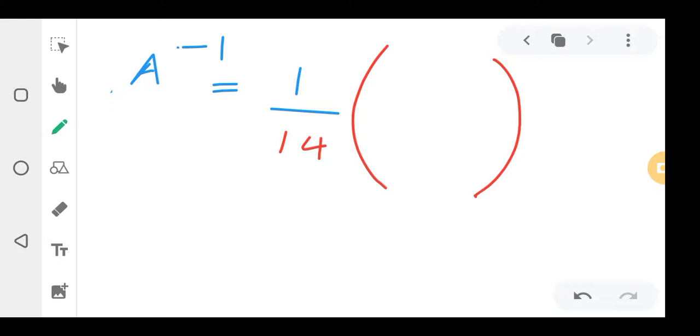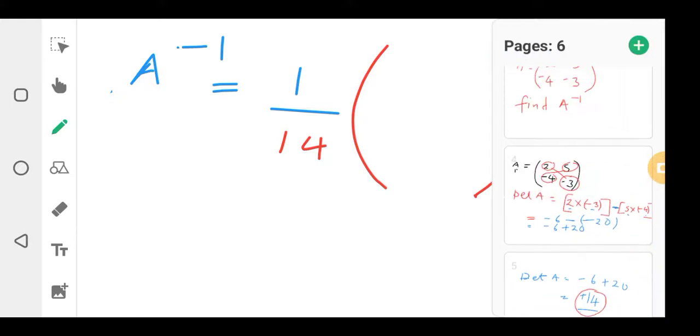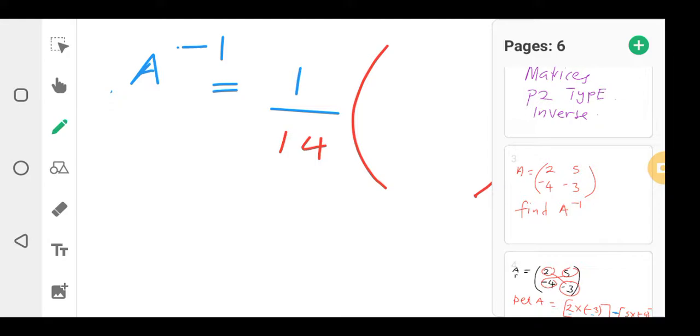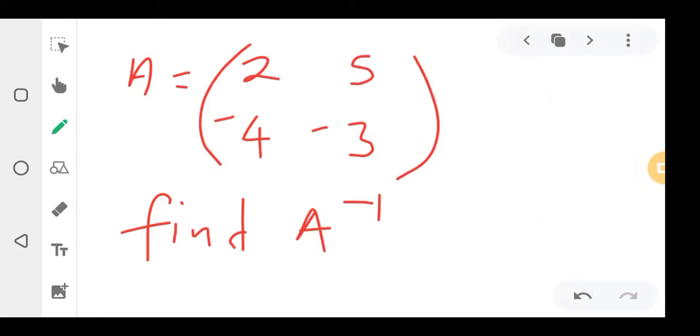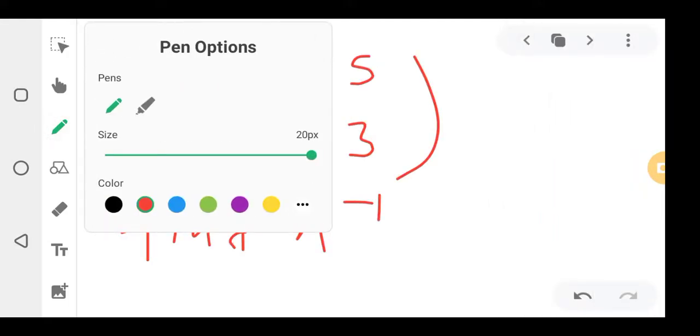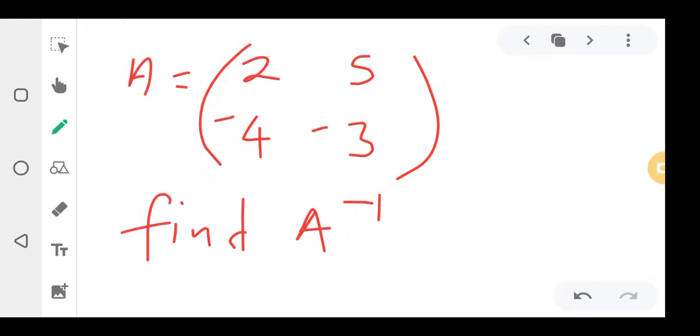Okay, and then the first thing you do, you go back to the original matrix. When you are finding the inverse, what happens? You see these two here. 2 comes where 3 is. 3 goes where 2 is.